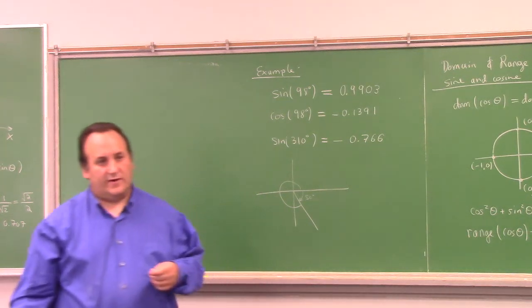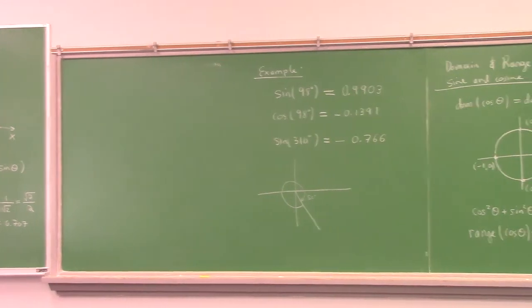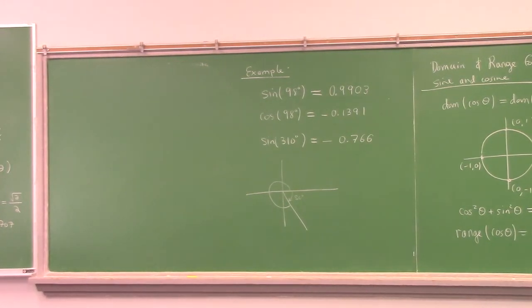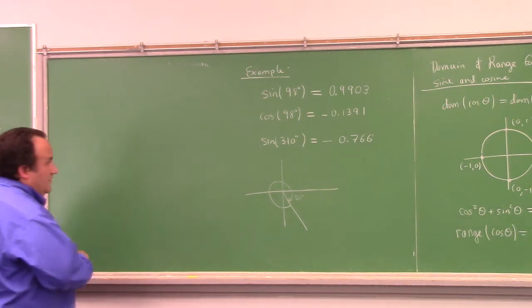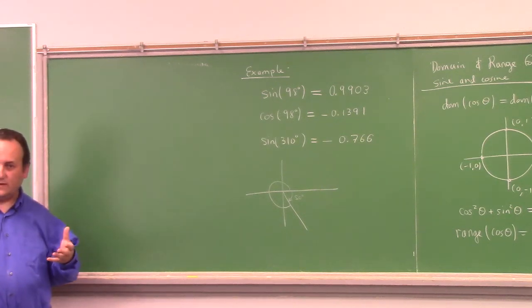One is the way we've gone, which is to follow the book. We introduced degrees, we introduced radians, we talked about sine and cosine as a consequence of the unit circle. But the other popular way to introduce trigonometry is in terms of right triangle trigonometry.